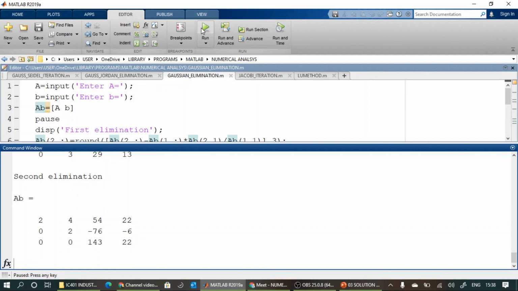This is after second elimination: 2 4 54 22, 0 2 minus 76 minus 6, 0 0 143 22. Now back substitution, we have x, y, z equal to 1.1380, 2.8520, 0.1540.